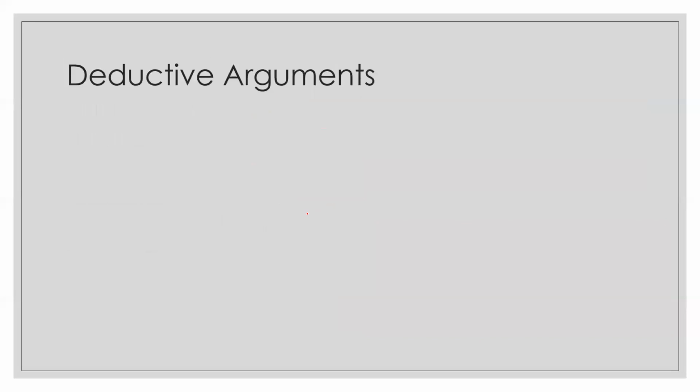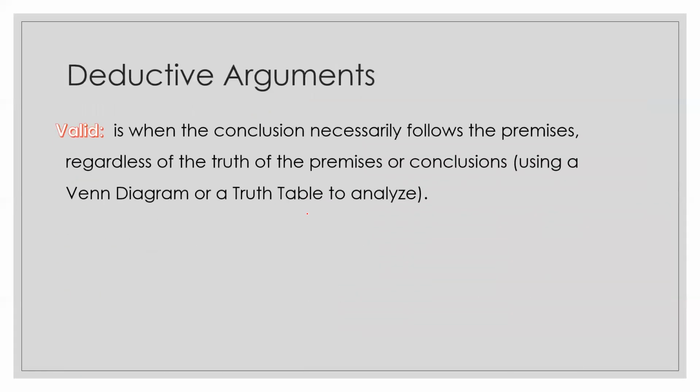Okay, deductive reasoning is when we can actually judge the validity of the structure. A deductive argument is valid when the conclusion necessarily follows from the premises, regardless of the truth of the premises or the conclusion.